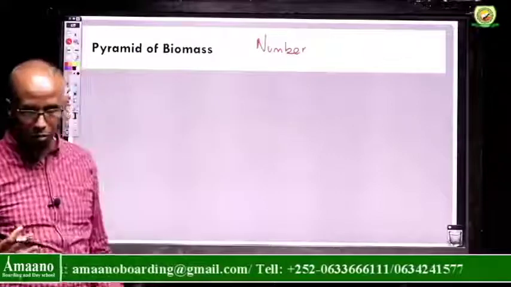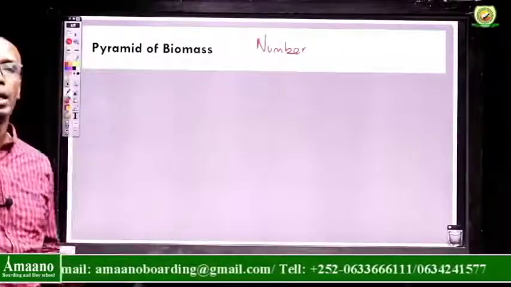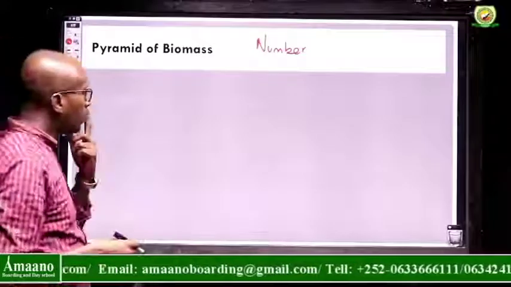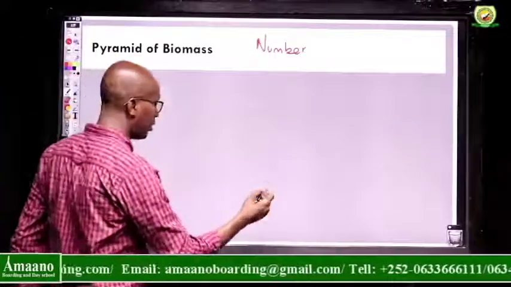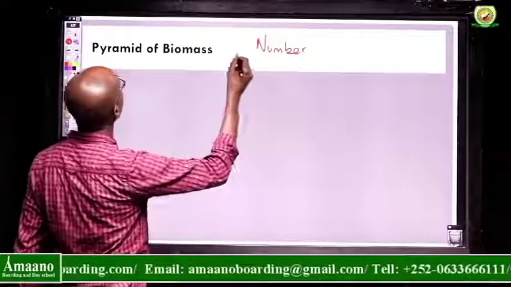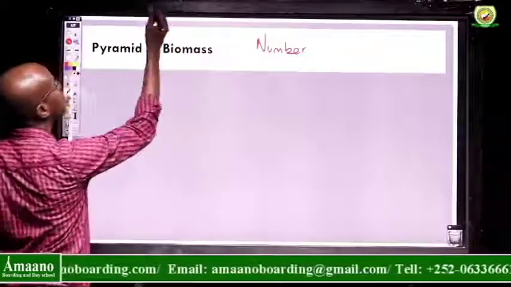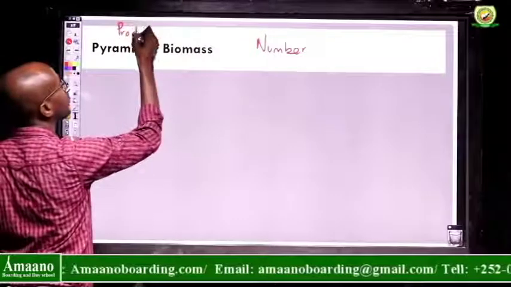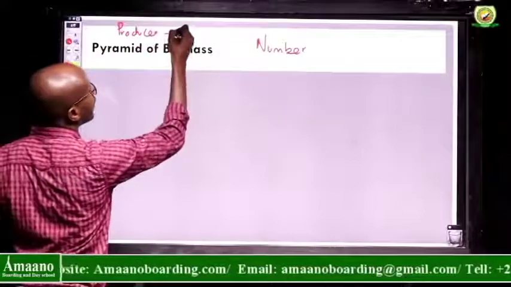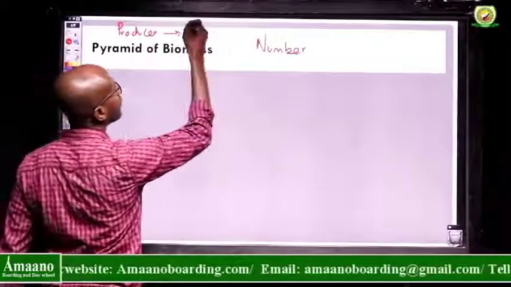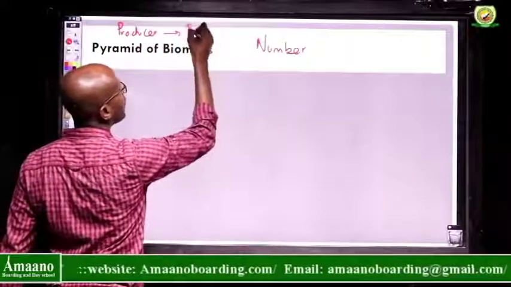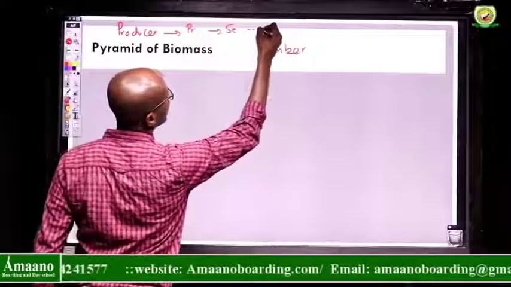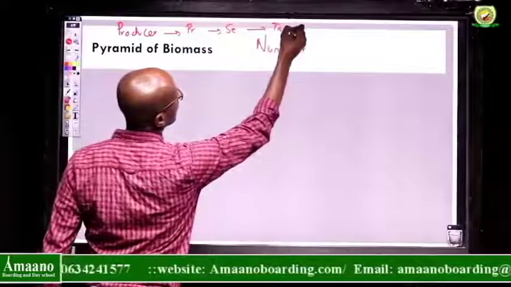The importance of drawing a pyramid of number is to get the number of organisms at each trophic level. Trophic level is another name for feeding level. In ecology we have a producer, then successive consumers like primary consumer, secondary consumer, tertiary consumer, and so on.